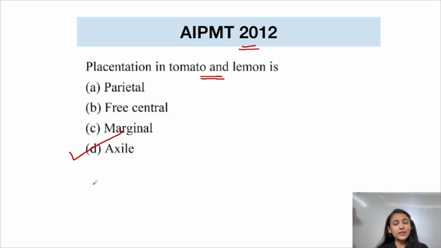The placenta is located axially, that is around a central axis, and the ovules are borne attached to the placenta axially only, that is around the axis towards the center. So this kind of placentation, we studied it in China rose, tomato and lemon. The placentation being talked about in the question is axial placentation. Options A, B and C are incorrect.